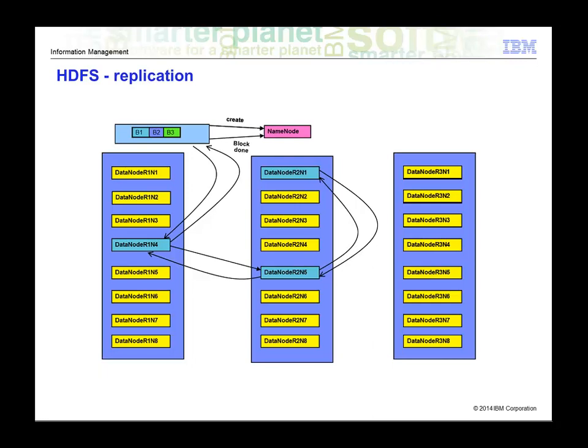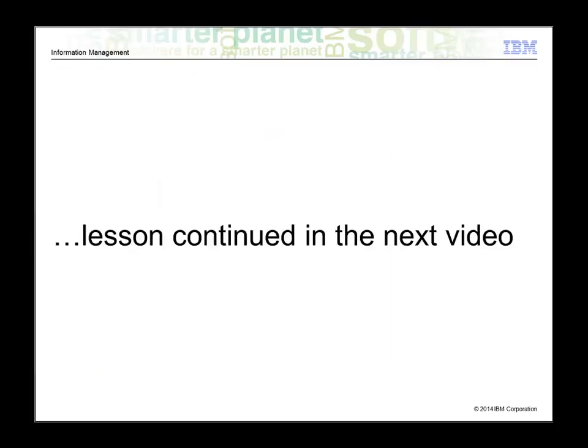Notice that for every block, by default, there is a replica on at least 2 racks. When the client is done writing to the data node pipeline and has received acknowledgments, it tells the name node that the write has completed. The name node then checks that the blocks are at least minimally replicated before responding. This lesson continues in the next video.